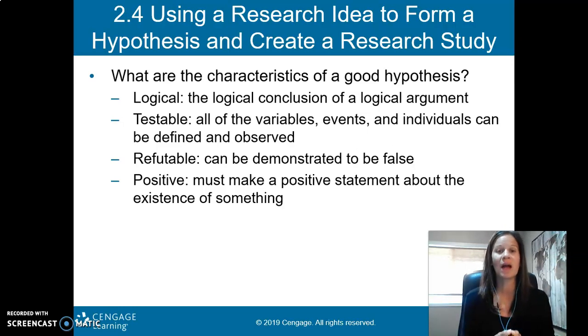And the other thing, the hypothesis needs to be positive. Okay, so in science, the basic nature of science is to assume that something does not exist until we can actually support that it does exist, until we find evidence to demonstrate that it actually does exist.